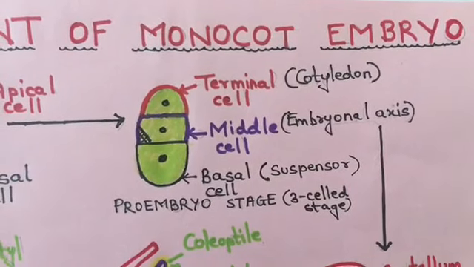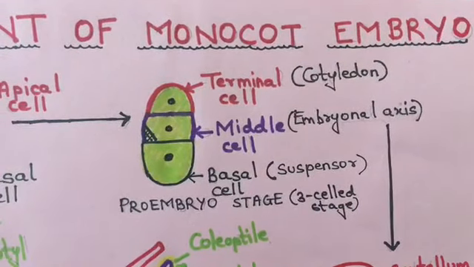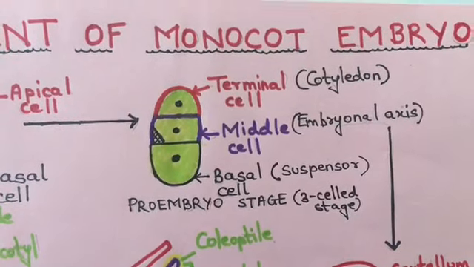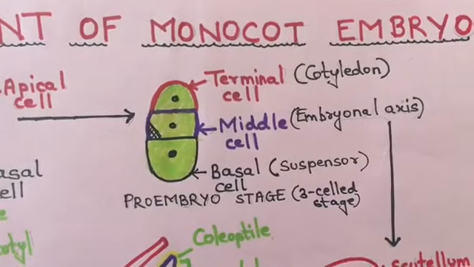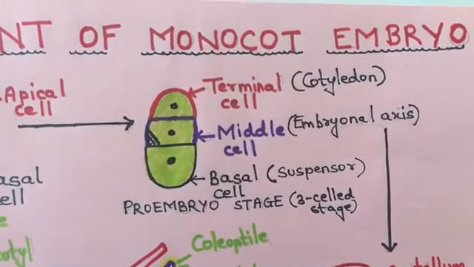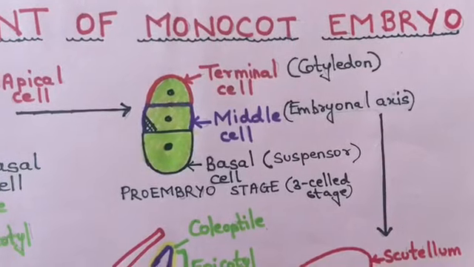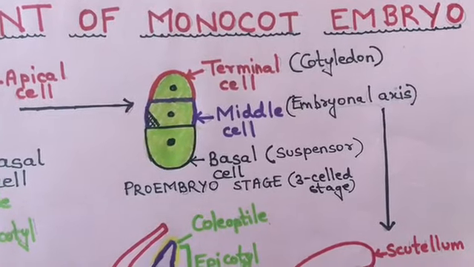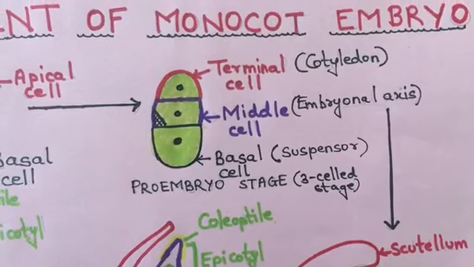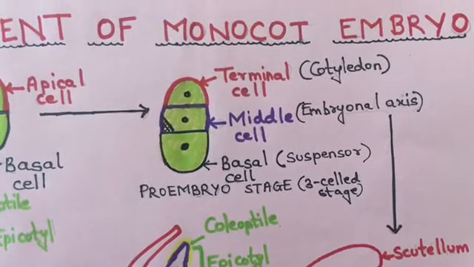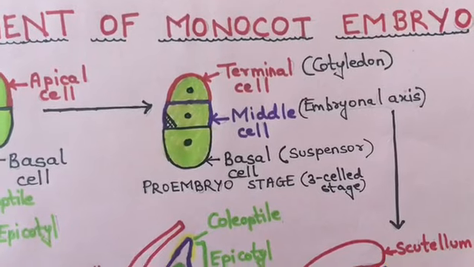The middle cell plays a major role in embryo development, because the embryonal axis is formed, which gives rise to the plumule, the epicotyl, the radicle and the hypocotyl. So here the embryo is called a three-cell stage embryo.